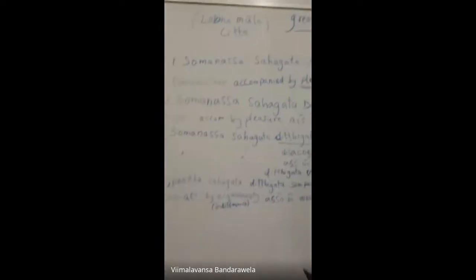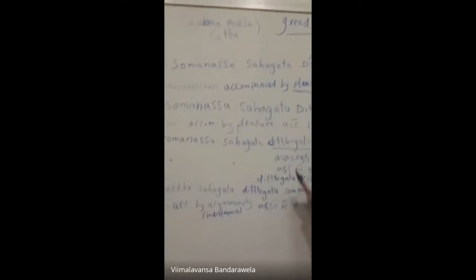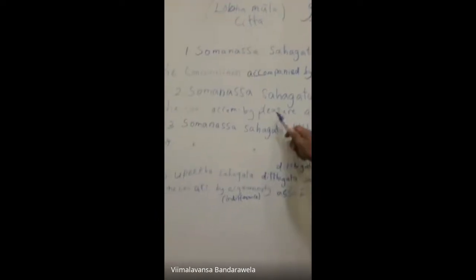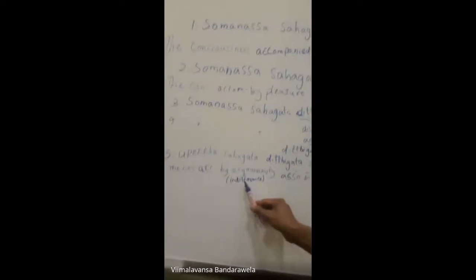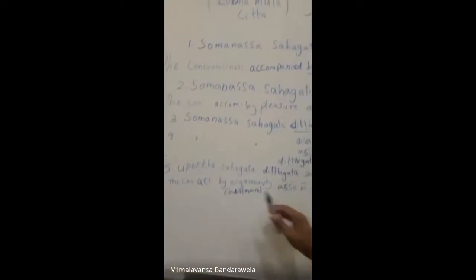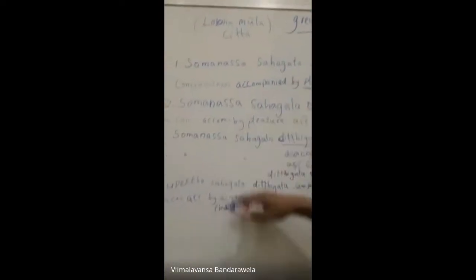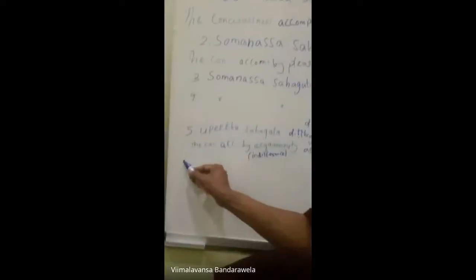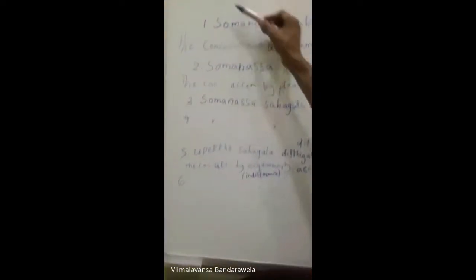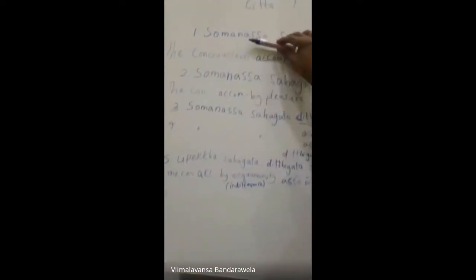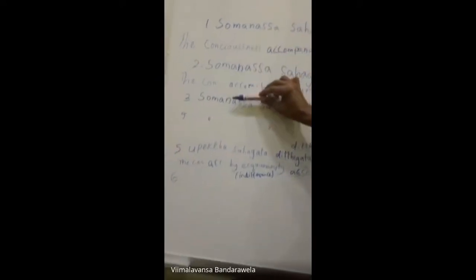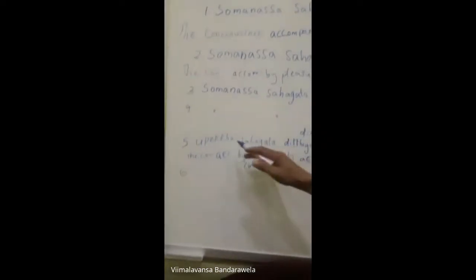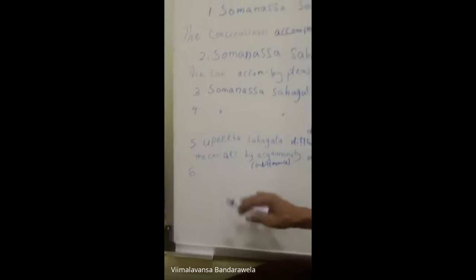For example, you take that object with the wrong view, but with no pleasurable mind. The mind is indifferent, or equanimous. That's the difference between these somanasa and upekkha sahagata consciousnesses, right? Okay, then the sixth consciousness. Now we have four somanasa consciousnesses, pleasurable consciousness, this somanasa, this also somanasa, the fourth one also somanasa. Now we have four upekkha consciousnesses.